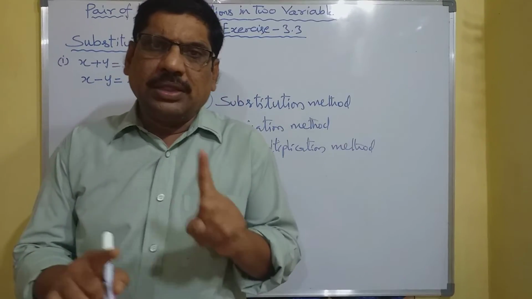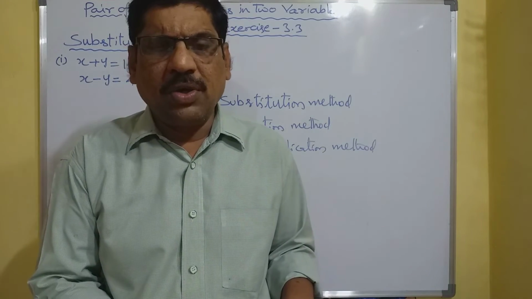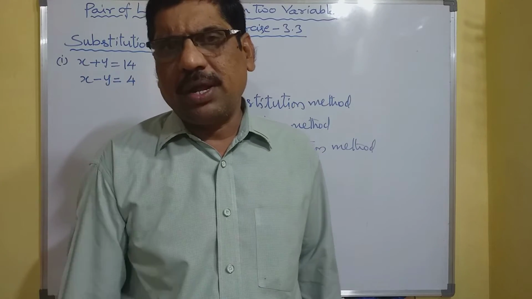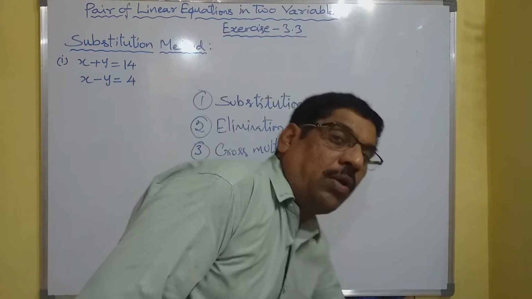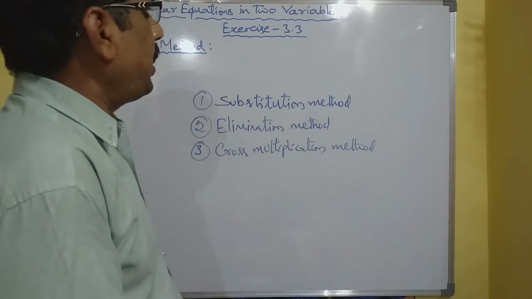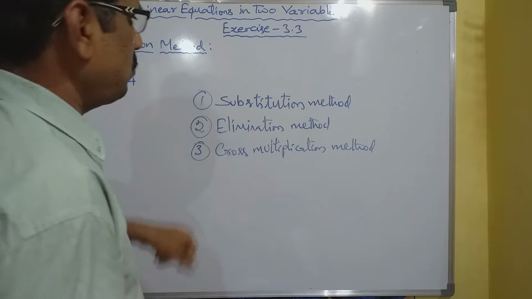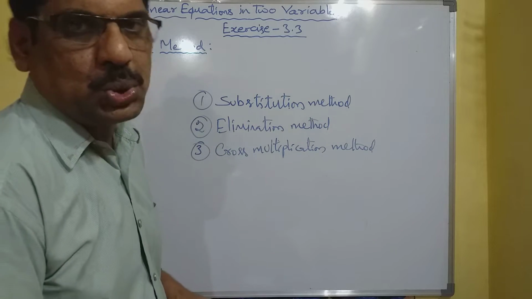By using any of these three methods, we can solve any pair of linear equations. Now let us solve the problems from exercise 3.3 by using the first method, that is the substitution method.